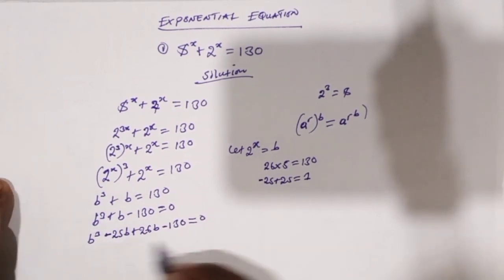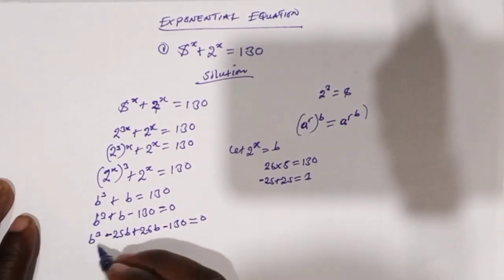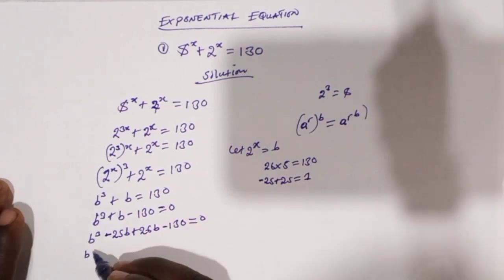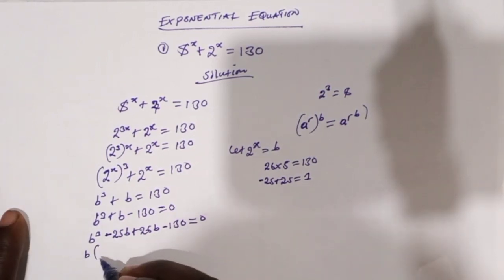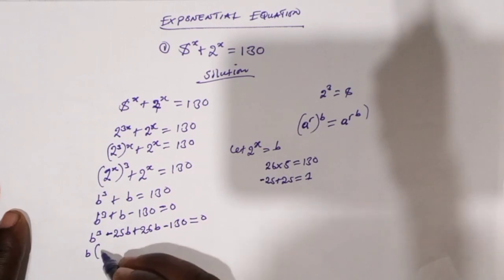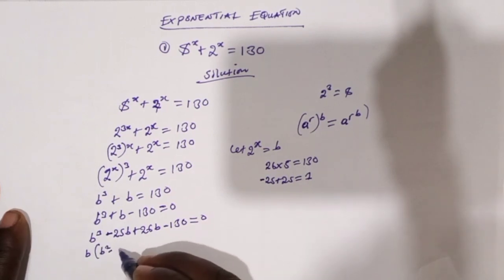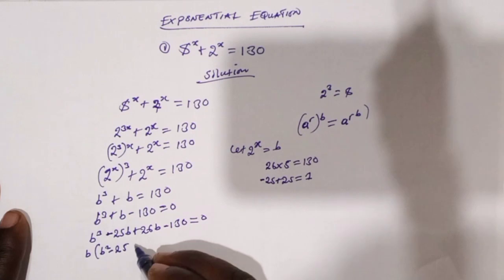Now let's factor out what is common. It is b, so b will be outside. Then opening the bracket, from b cubed we remain with b squared minus 25.